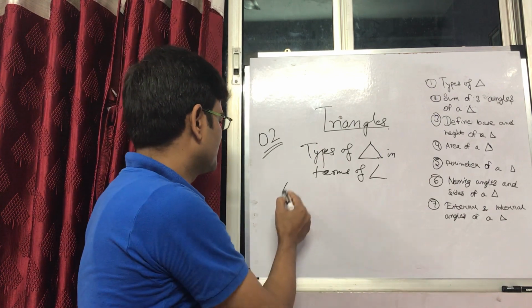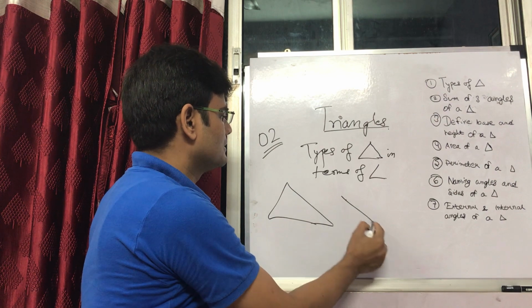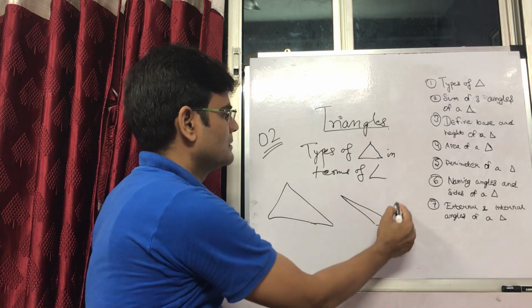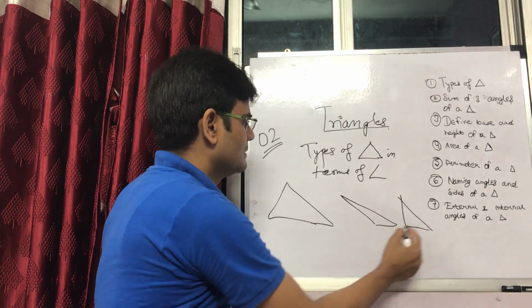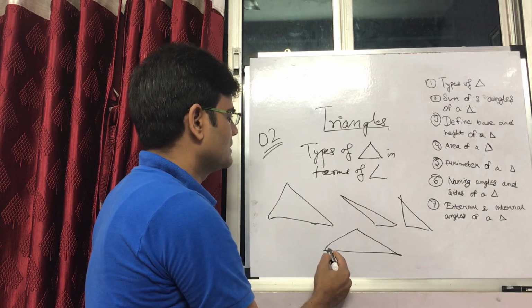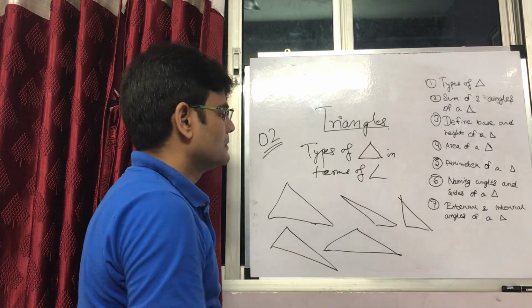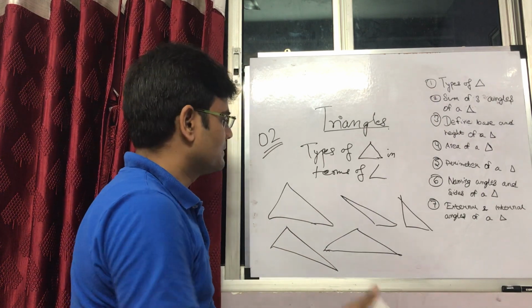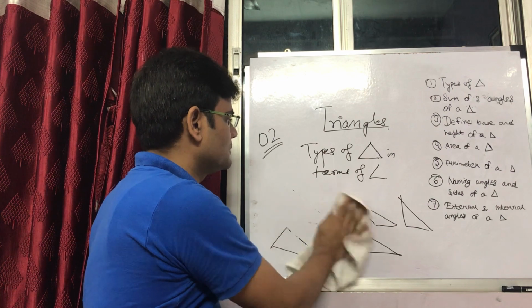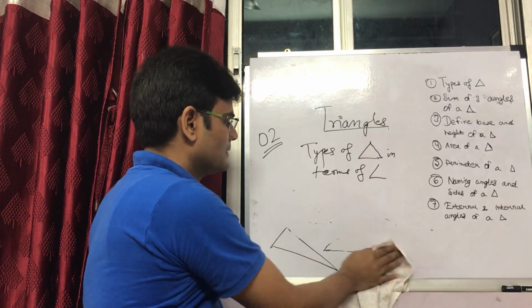There can be many types of triangle, right? This is one triangle, this is another triangle, this is another triangle. You can draw whatever triangle. Any three-sided closed figure is a triangle. If you look at the angles, there can be three types.